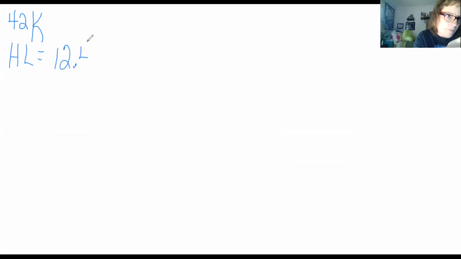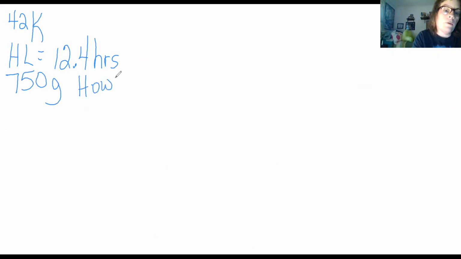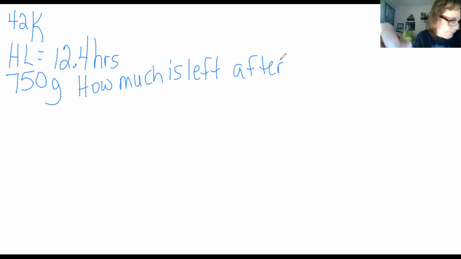All right, so we are starting with potassium-42. All right, half-life is equal to 12.4 hours. We have a 750 gram sample, and they want to know how much is left after 62 hours.